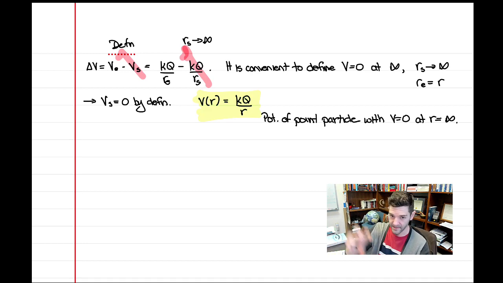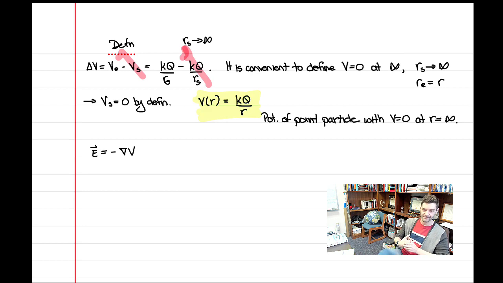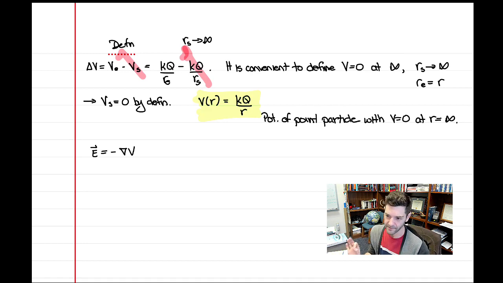So there we got V from E. Of course, we should be allowed to get E back from V. If I take negative the gradient of V, I should be able to get E back. And here I have to be a little bit careful with what I've been doing, because technically I've been working in a coordinate system called a spherical coordinate system. Given the spherical symmetry, I didn't write things down in terms of X, Y, and Z, but in terms of r, how far radially away you are.